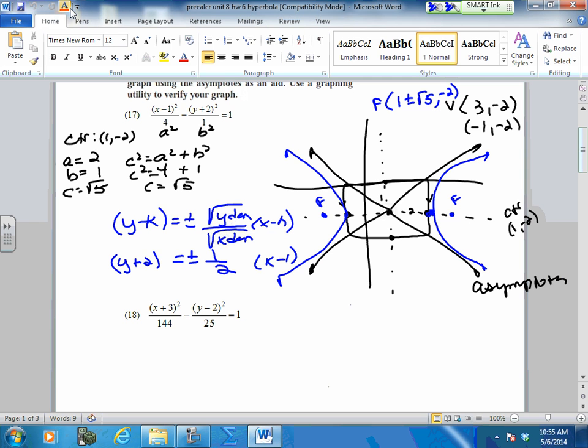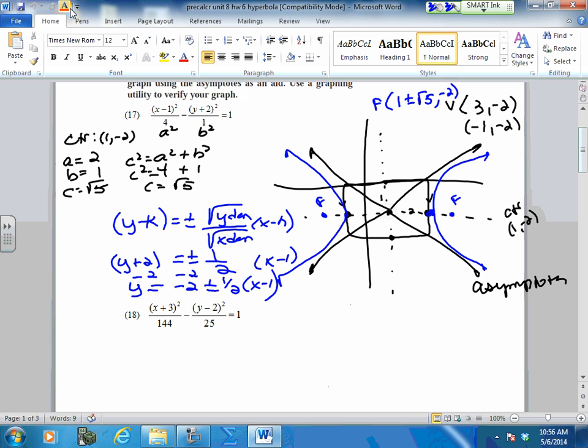Now, all I need to do is get y by itself. So subtract 2 from both sides. Y is equal to, and just write it just like this. And I don't have to distribute anything. I just have to leave it like that. So we're still using your y equals mx plus b, but because we translated your center, it's whatever we translated it from.